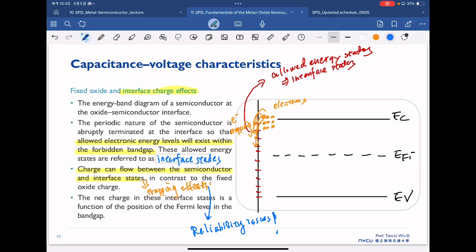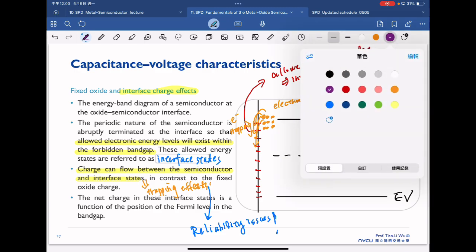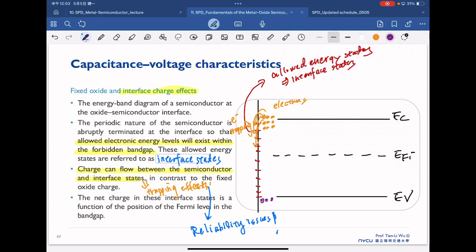The same, if we have hole formation in this region, the holes can flow into this interface state, in the end causing hole trapping. So that's the main issue for the interface charge effects.